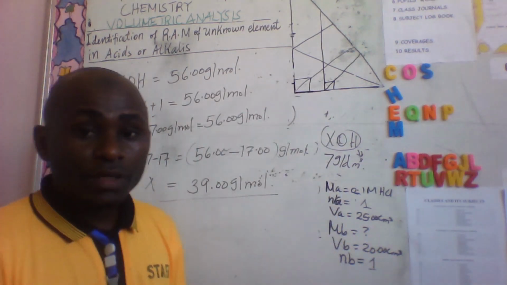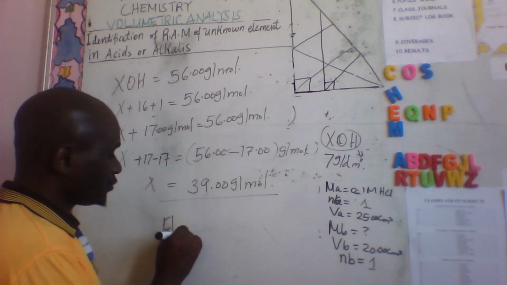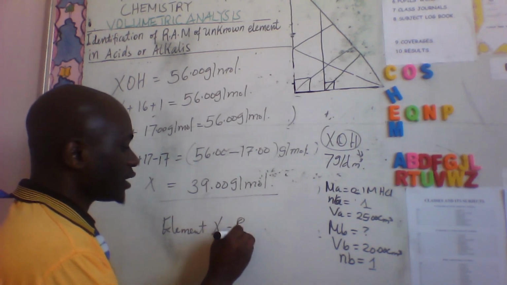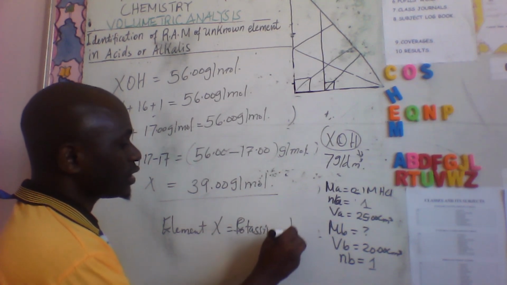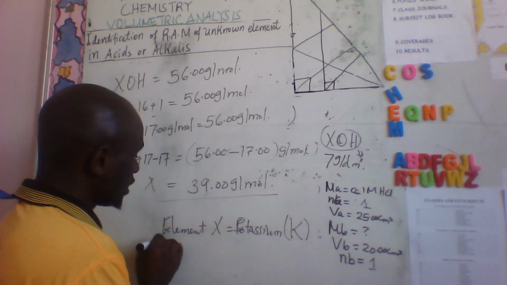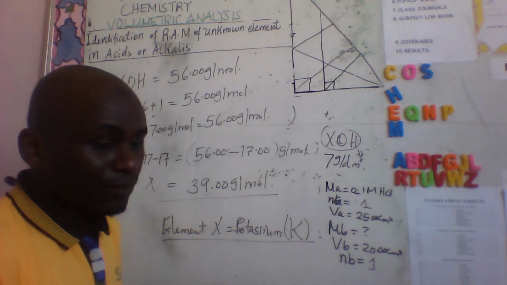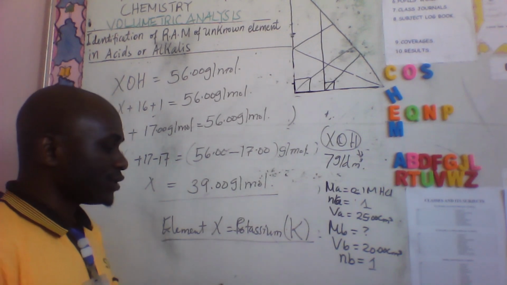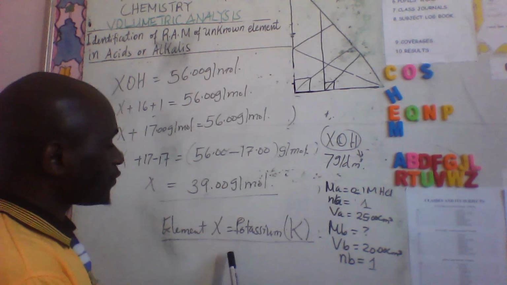So to identify the element, element X is equal to potassium, which is represented by the letter K. So element X is potassium, and its relative atomic mass, which is now known, is 39.00 gram per mole.